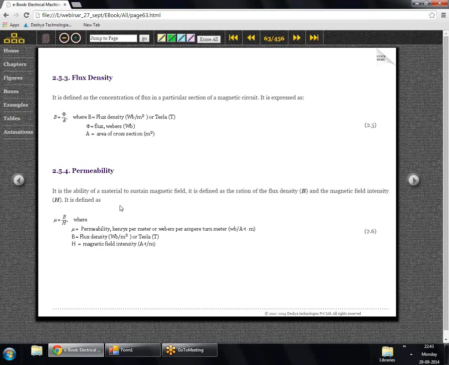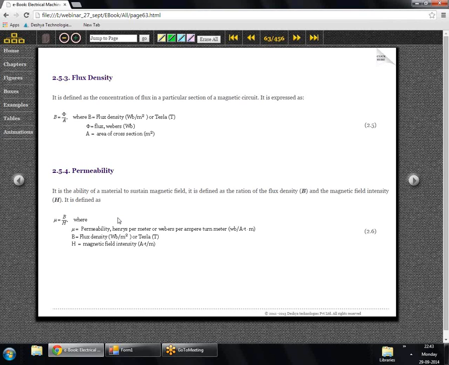Apart from flux density, we have one more important parameter for magnetic circuits, and it is known as permeability. Permeability is defined as the ratio of flux density to magnetic field intensity, or mu is equal to B by H, as shown in equation 2.6. Permeability in principle is a measure of the ease with which the flux lines can flow through a material.